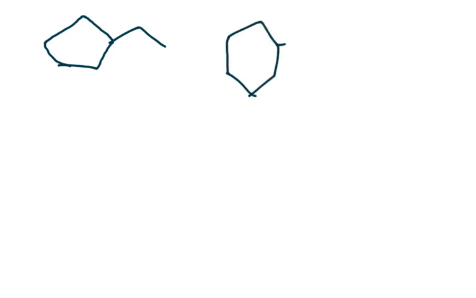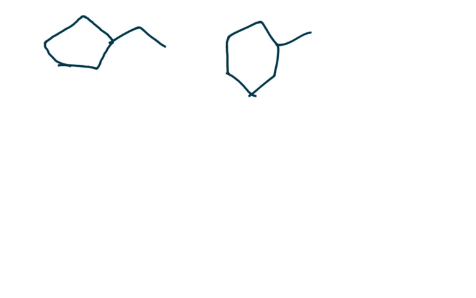So if we start off basic, if I drew this, or if I drew something like this, what would these compounds be named as? First things first, what's the main part of this molecule?